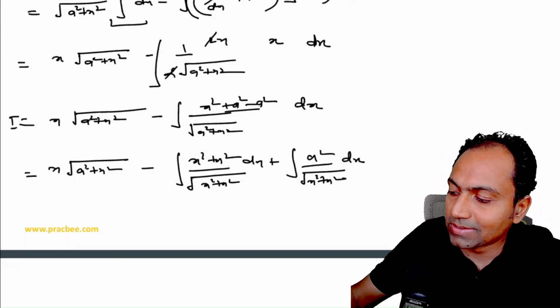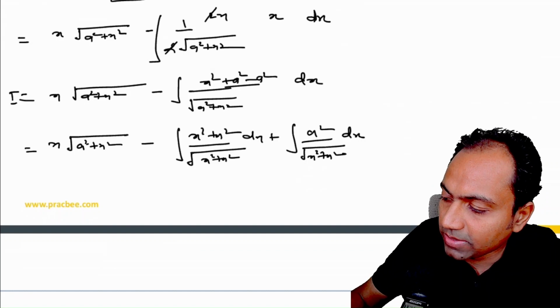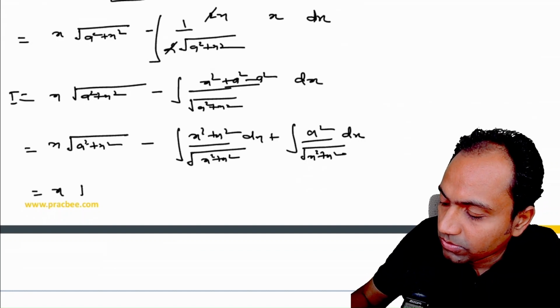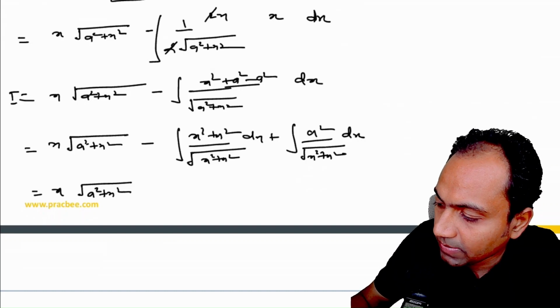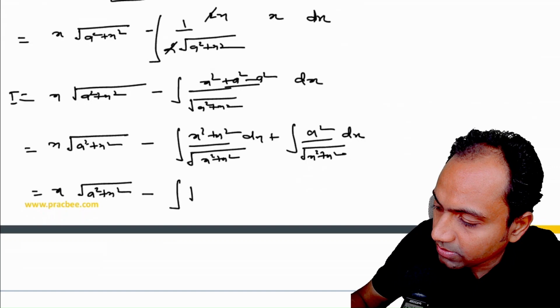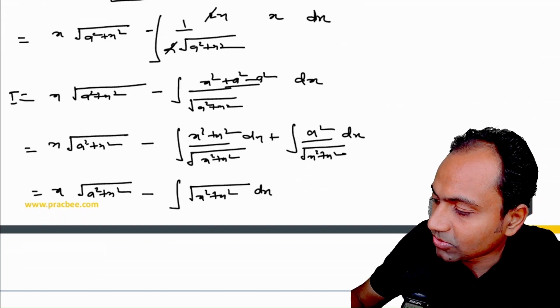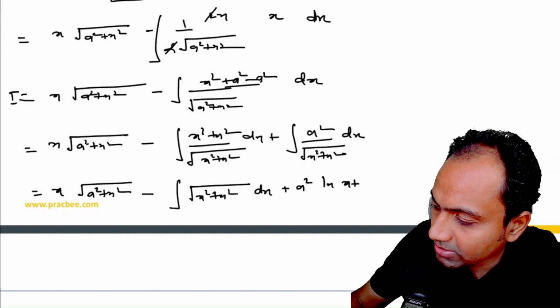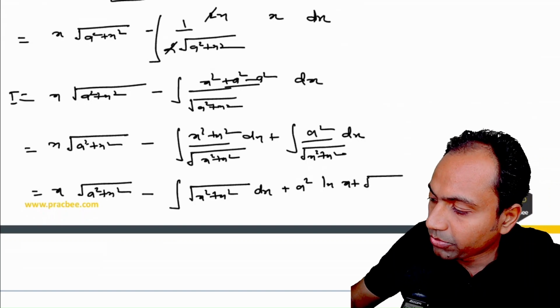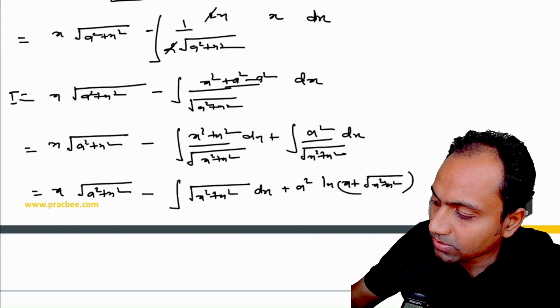So once we are getting this, a square plus x square is fine. This part, the numerator will cancel out and become root of x square plus a square dx. The second part, we can take a square common, and this integral we already know. This is nothing but x plus root of x square plus a square.